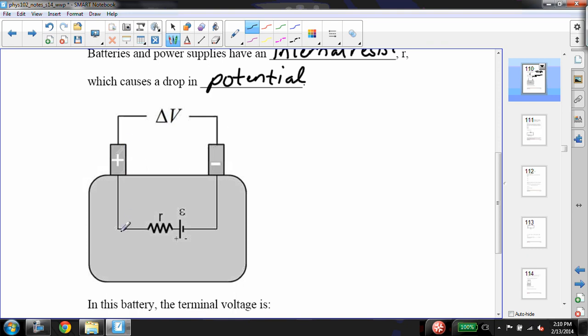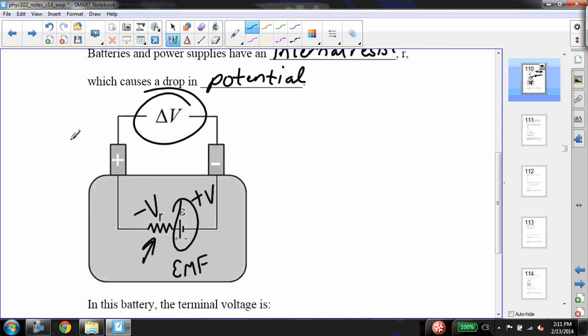The schematic of the battery on the inside will be a source of EMF. That's the electromotive force, the theoretical voltage of the battery, plus this internal resistance. The positive potential difference you get across the EMF source and the negative potential difference you get across the internal resistance will combine to give you the total potential difference that you actually get from the battery.